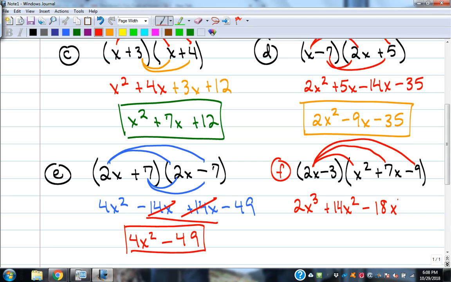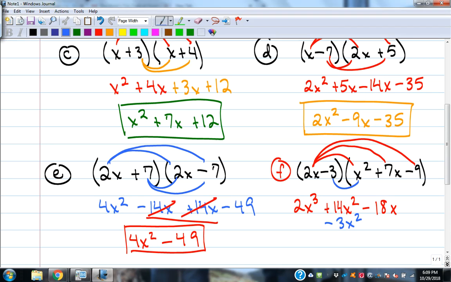Okay. And now, here's a little trick that I do. It's not necessary, but it helps, I think. When I distribute this negative 3, I'm going to stack up the stuff that matches up. Okay? So negative 3 times x squared is negative 3x squared. So I'm going to put that underneath the 14x squared.